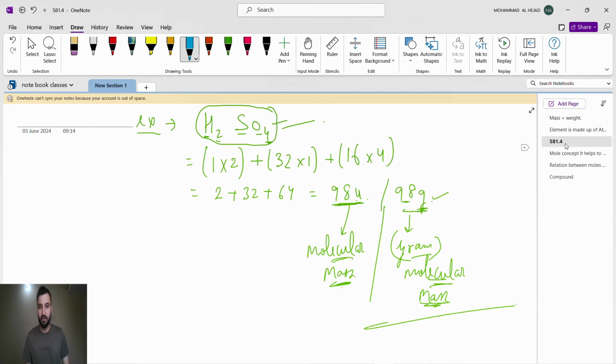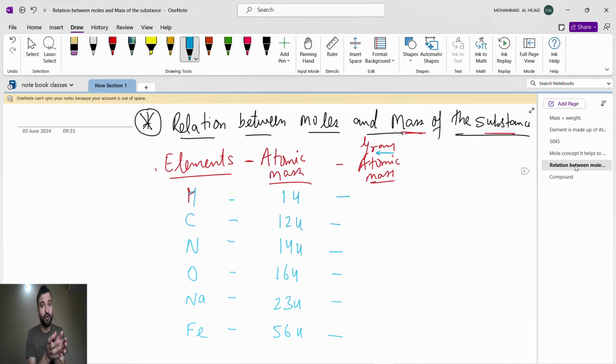The concept remains the same, the process remains the same, the value you get remains the same. Just for molecular mass we write U, and for gram molecular mass, because we have expressed it in gram, we write G. Everything remains the same. That's why I have explained this concept, so you will not get doubt anywhere here.